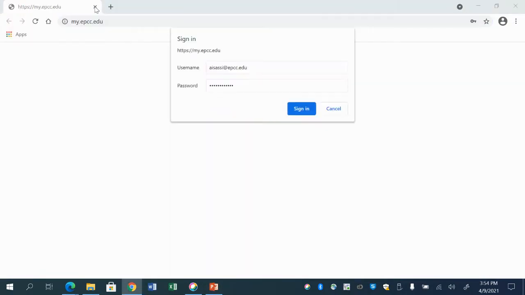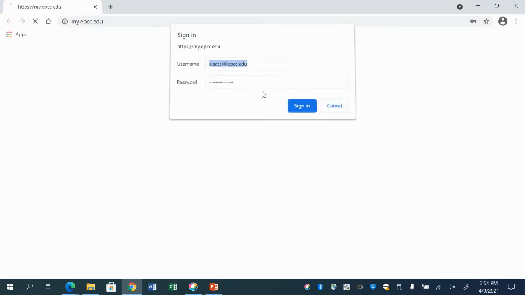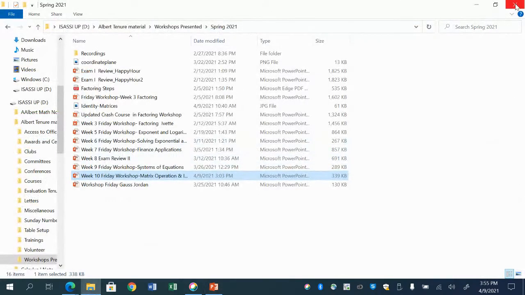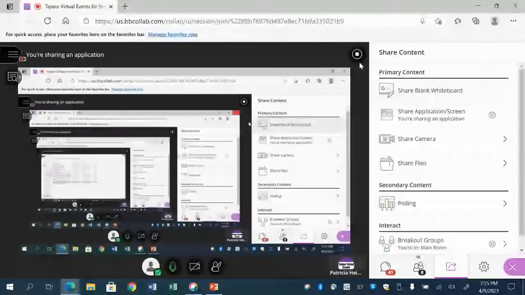Again, my computer is kind of acting up here. Let me see if I can get there. I cannot go to my screen anymore. Let me see here. Oh, here we go. Okay, now let me stop sharing.